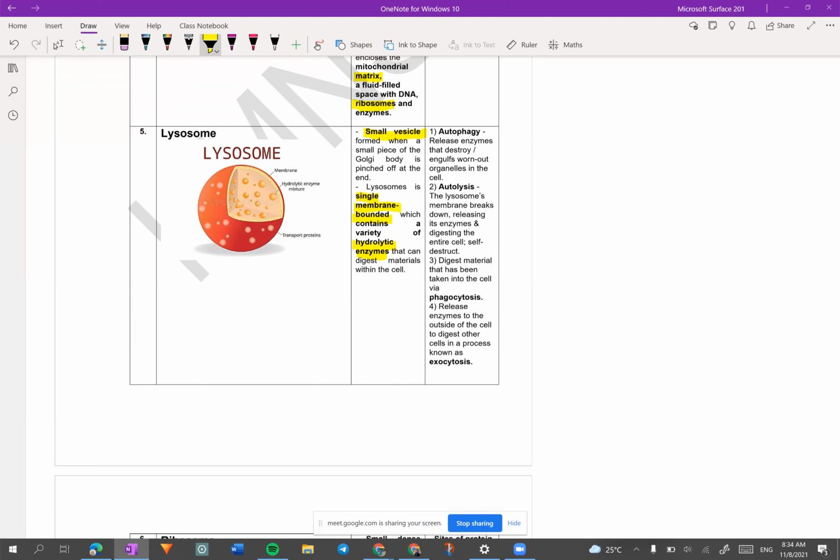Is hydrolysis familiar to you? Yeah. What does hydrolysis do? Break chemical bond. Good. So hydrolytic enzyme is an enzyme that breaks lah.